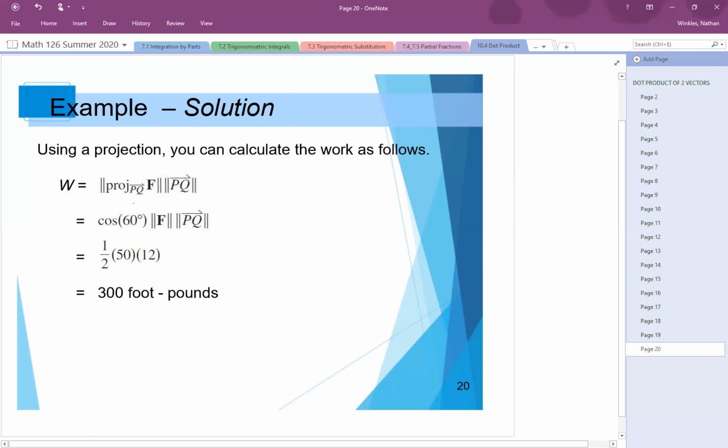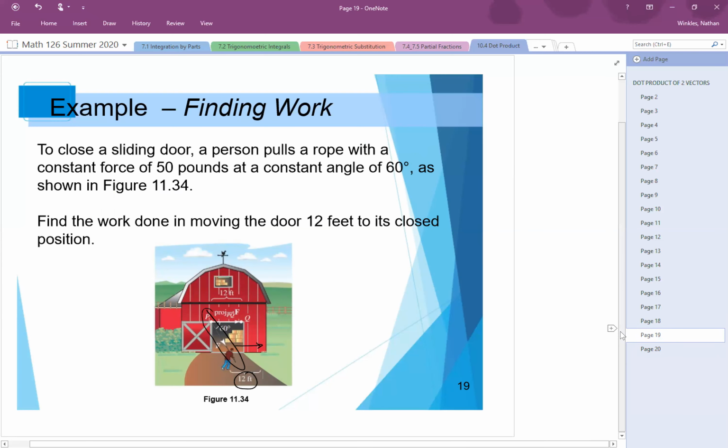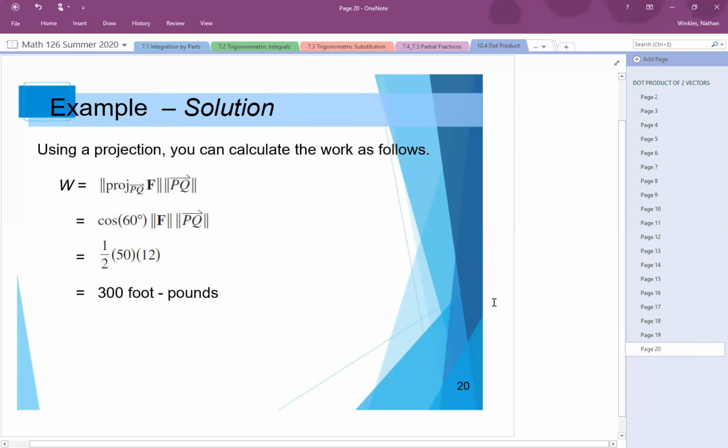If we rewrite the projection as cosine 60 degrees times the magnitude of the force times the magnitude of PQ, that's because, going back to our picture, we're pulling at a constant 50 pounds at an angle of 60 degrees for 12 feet. Cosine of 60 is 1/2, the magnitude of our force is 50, and the magnitude of PQ, our distance, is 12. So it's really F D cosine theta.